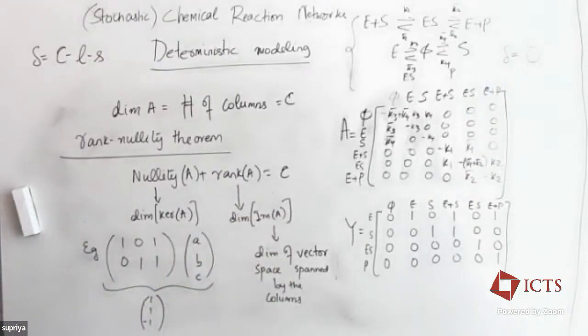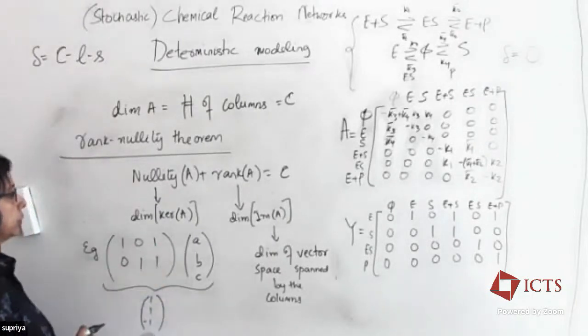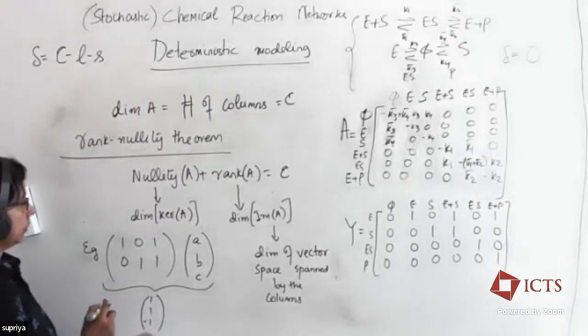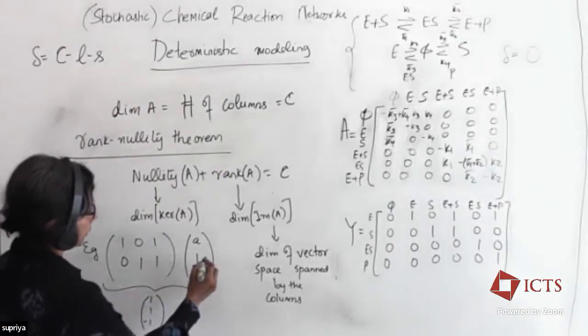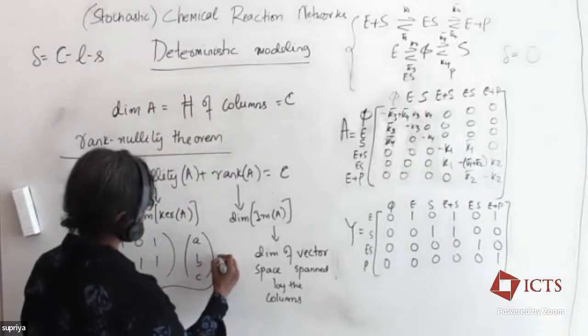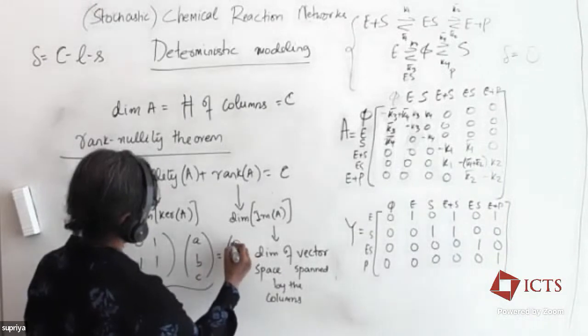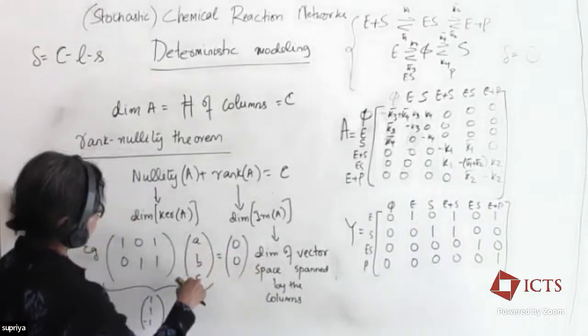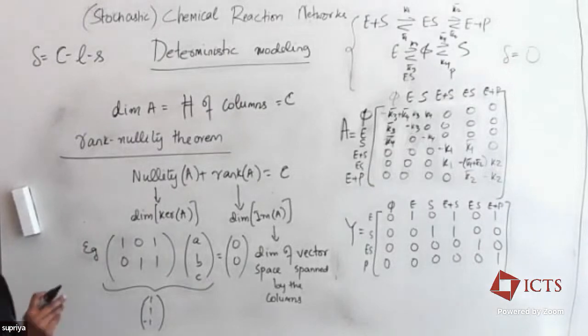The kernel of A in this particular case is just something simple. It's just the vector that A puts equal to 0. So the kernel of A will just be, if this thing is... Is that okay?